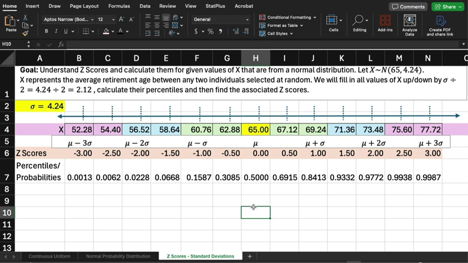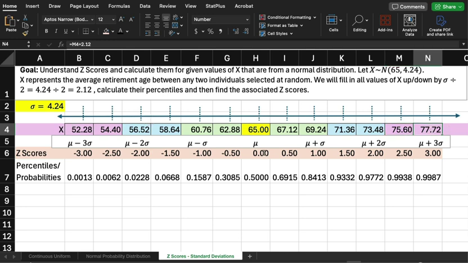So the pattern of z-scores that you see counts how many standard deviations away from the mean you are. And you know, we chose our x's on purpose to be increments of half of a standard deviation away, because we divided sigma by 2, remember. Sigma divided by 2 was 2.12. So each of these numbers is half of a standard deviation farther along on the x-axis.